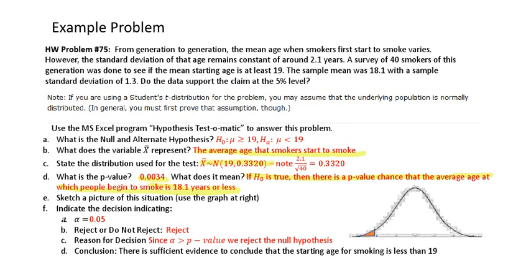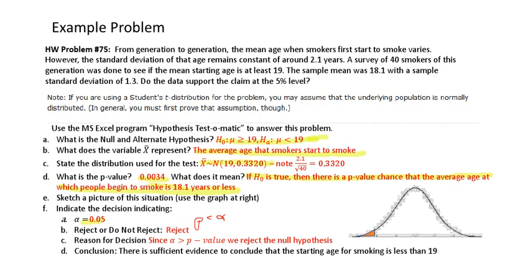Well, keep in mind our null hypothesis and our alternate hypothesis, right? We're looking to test this decision. So what could we say? Well, our alpha level is 0.05, the level of significance. And since our p-value is less than that value, if the p-value is less than alpha, then what we're really saying is that we have enough evidence to reject the null hypothesis.